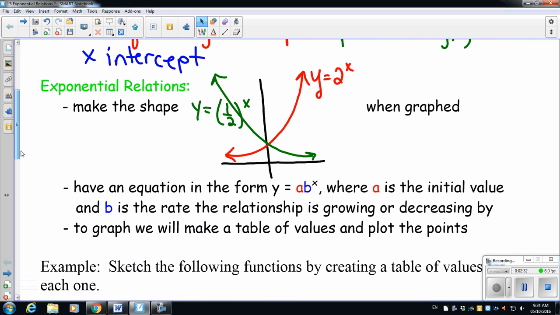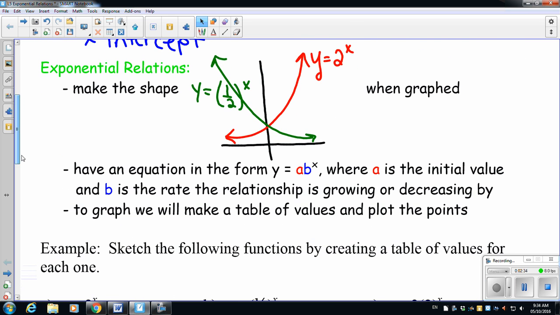Where that takes us, it's all good to use technology to make a graph, but we're going to talk about here in a few minutes about how we can graph without using technology, so we don't need to rely on Desmos. A couple of things to notice about your exponential equation.